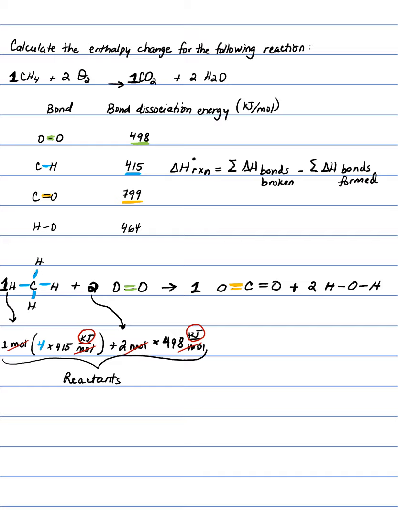Look, C double bond oxygen, C double bond oxygen, that's 2 of them. In each carbon dioxide molecule, you have 2 double bonds between carbon and oxygen. So it's similar to the CH4. The 4 is coming from the 4 bonds that you have in the same molecule. So the 2 is coming from the 2 double bonds that you have in the same molecule.